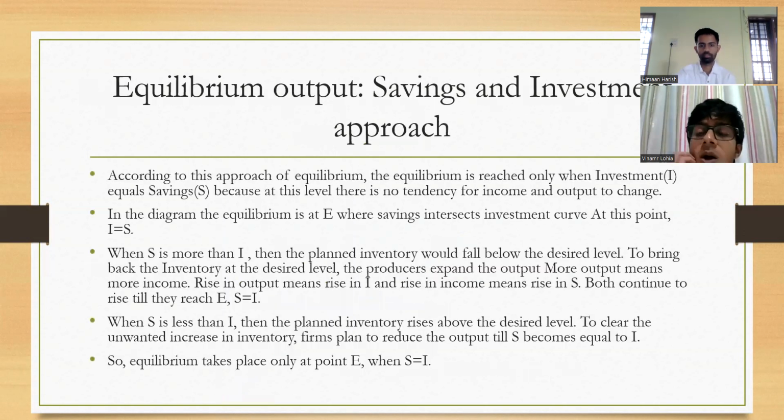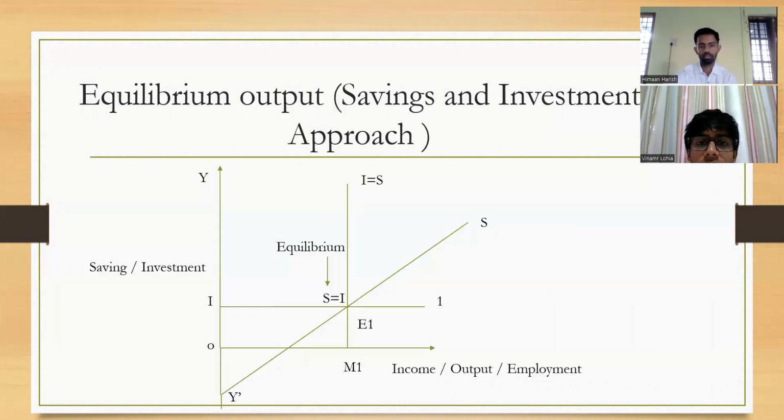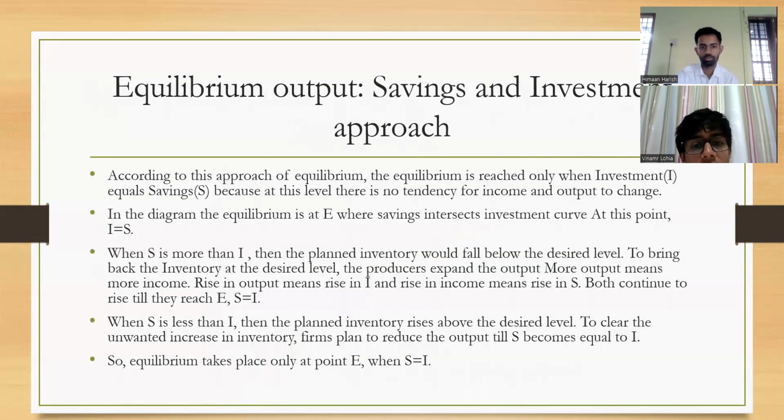And when S is more than I after the equilibrium point, is it so? Yes. Then the planned inventory would fall below the desired level. To bring back the inventory at the desired level, the producers expand the output. More output means more income.